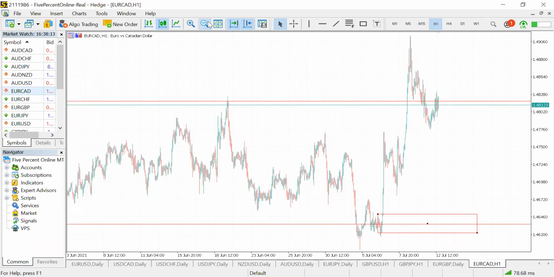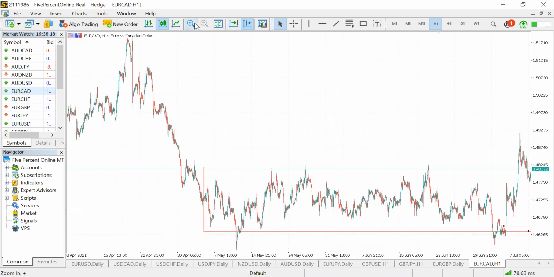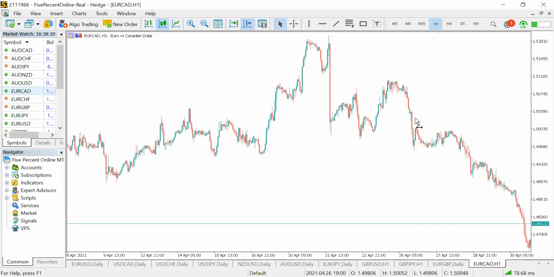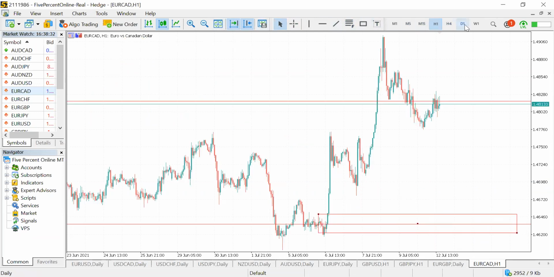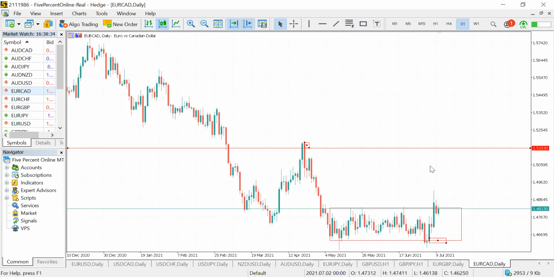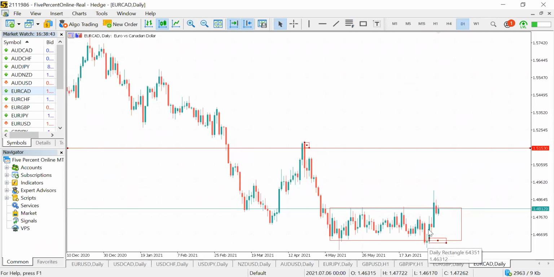Let me see how that area looks. Given this formation, it looks like it wants to break higher now.